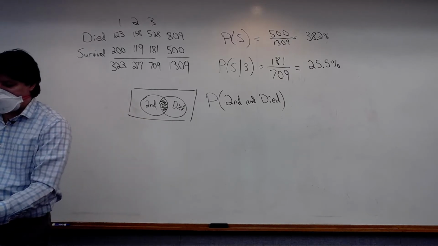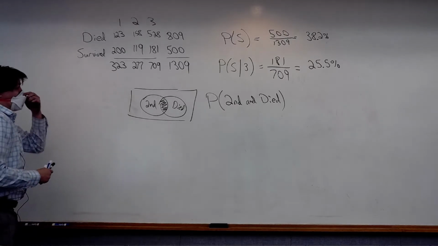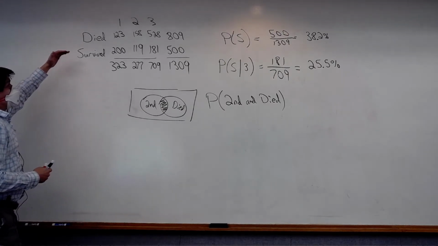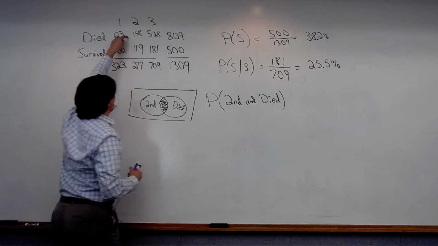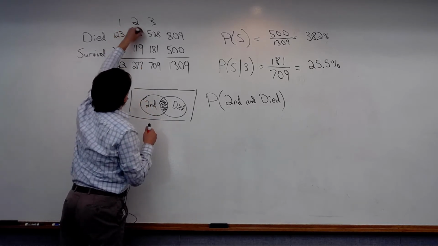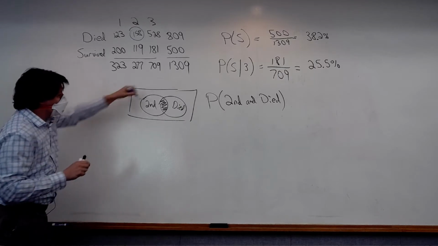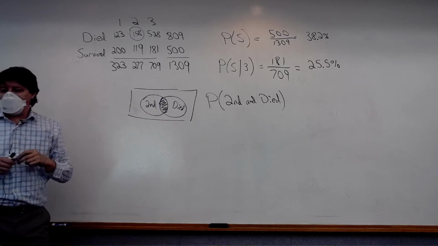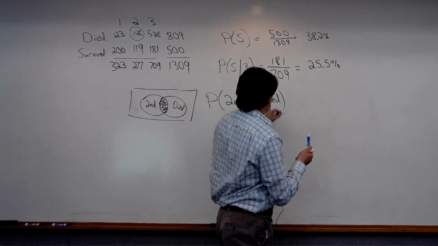So how do we find that in our contingency table? Well, what does it mean to be both second class and have died in this table? We need to have died and to have been second class. So that is this 158. So 158 fall in this window. And what is that likelihood?